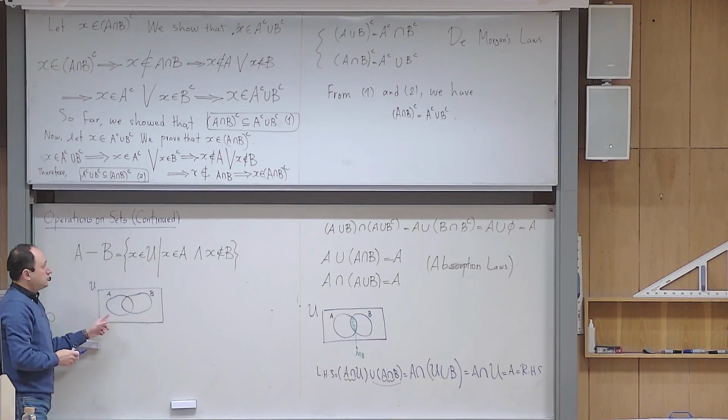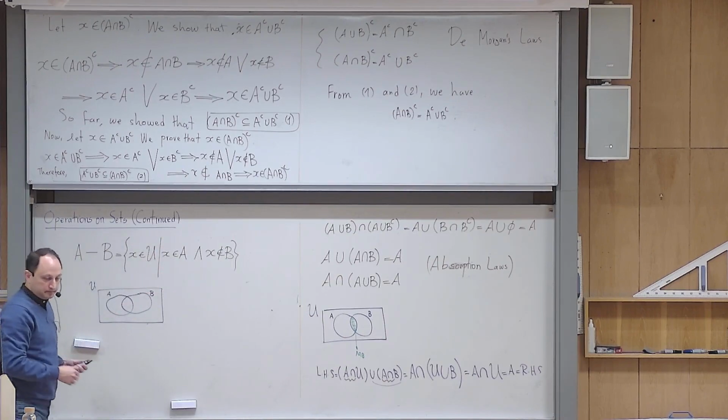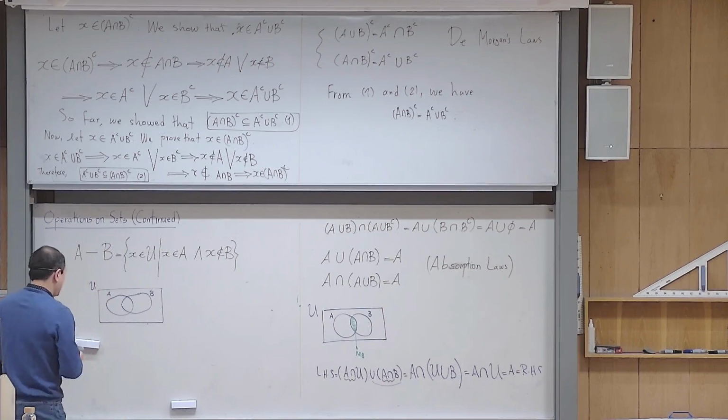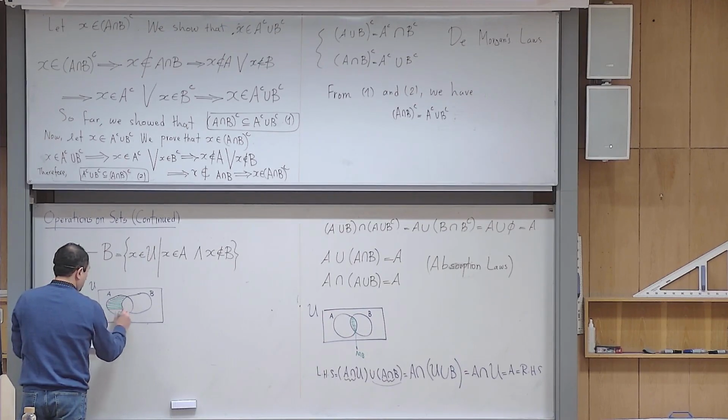The points should be included with two properties. That point should be included in A, but it should be outside B. It should not be in B. Coloring A except the intersection between A and B. Yes, so this is exactly what you need to visualize when you think about A minus B. Yes, this part is A minus B.